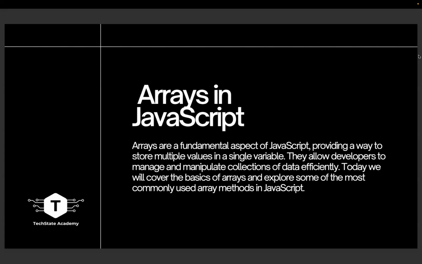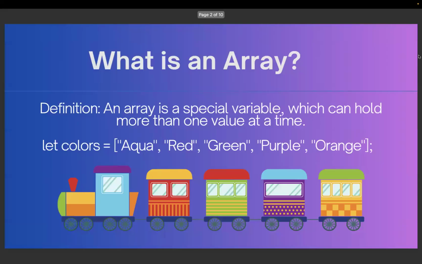It is a very efficient way of storing data, depending on the task. Today, we'll cover the basics of arrays and explore some of the most commonly used array methods in JavaScript.